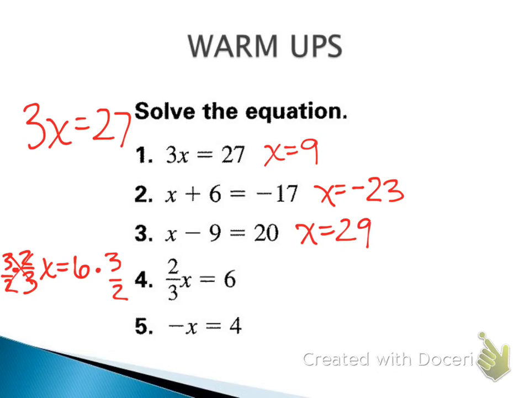So we're left with 1x. On the right, we take 6 times 3, we get 18. And then we have to divide by 2. So x equals 9. Wonderful. We get x equals negative 4 for number 5.